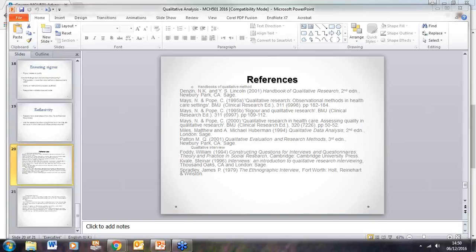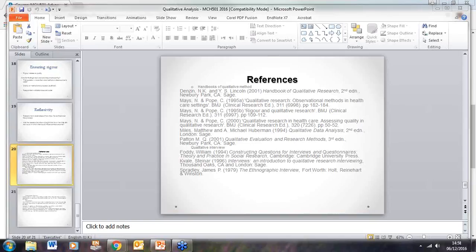That article on content analysis is really interesting if you've got some time to look at it, and if you've got any qualitative studies, then I would suggest that you have a look at that article by Mays and Pope. And actually in that reference list there are 3 articles there, but it's the article from 2000 about assessing quality in qualitative research that I would focus your attention on.